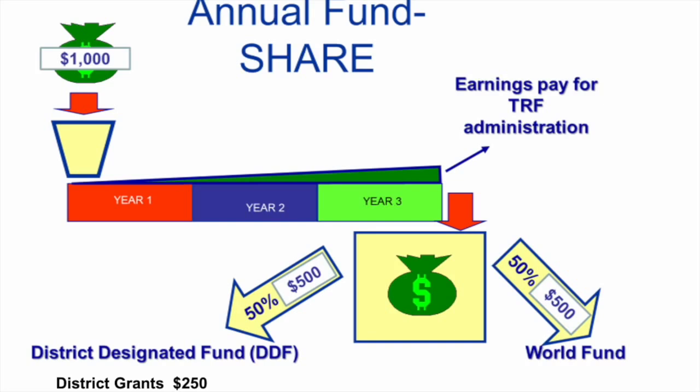After the 3 years, 50% of the money stays with the foundation, and the other 50% is available as district designated funds for projects chosen by District 5500. The foundation allows the district to use a maximum of 50% of that DDF for district grants. In our district, we allocate the full 50% to projects developed by our clubs.